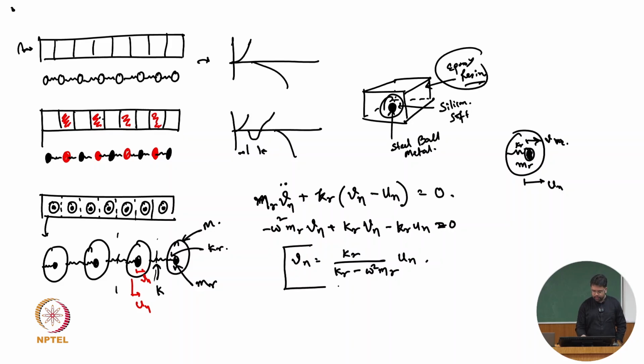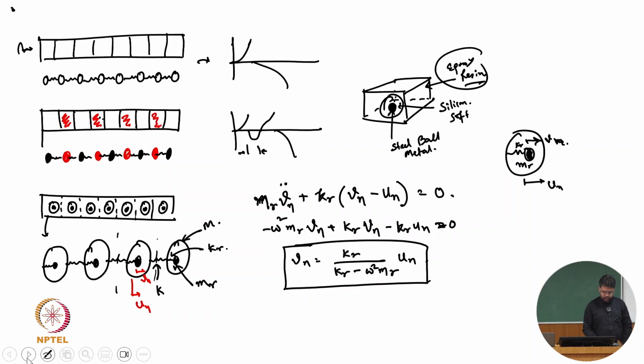That gives me the basic equation to connect the response of the internal mass with the response of the external mass. We can get it in this form. Any doubt? If not, we can go ahead.